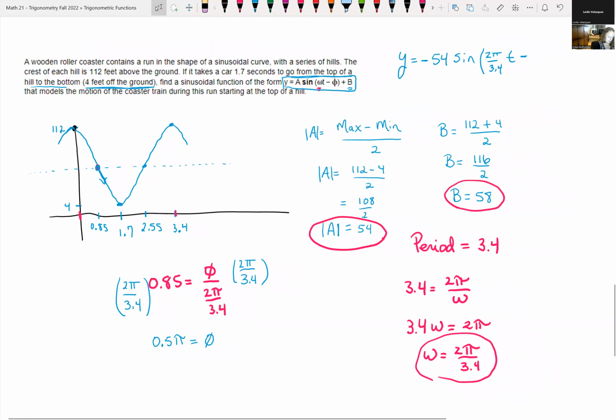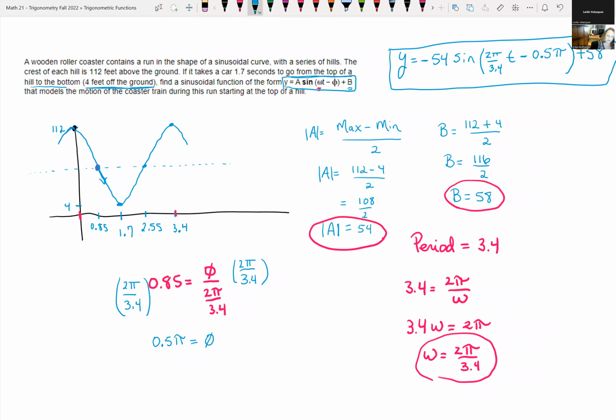Phi was positive, so minus 0.5 pi. And then plus our shift, and we shifted up 58 units, so plus 58. So this should be the equation for that roller coaster.